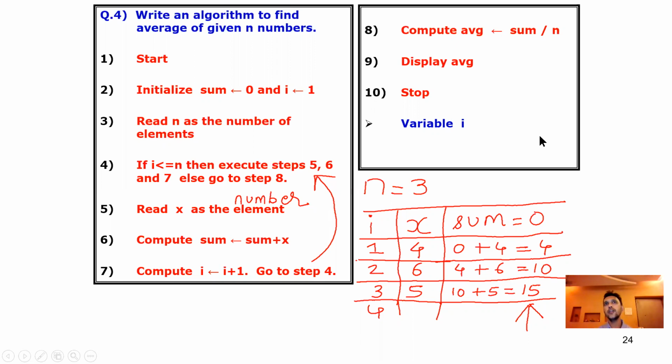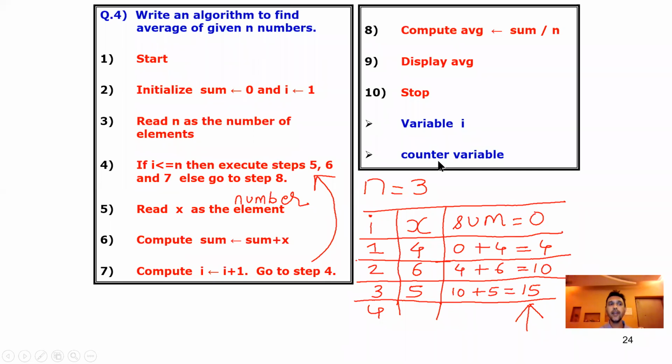So the question in your mind could be, why are we using variable I? Can you give me the answer? To check the condition. Very good. Variable I acts as a counter variable. A counter variable keeps counting the number of executions of the loop.